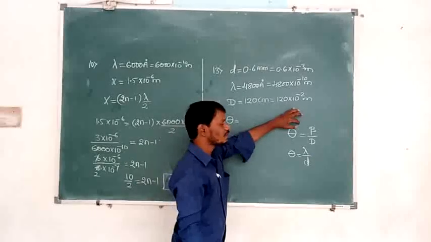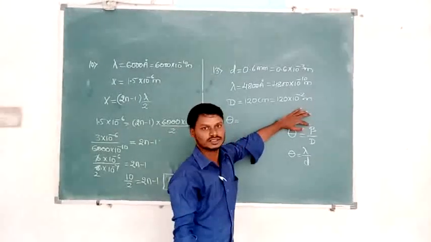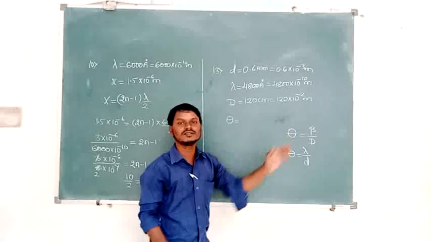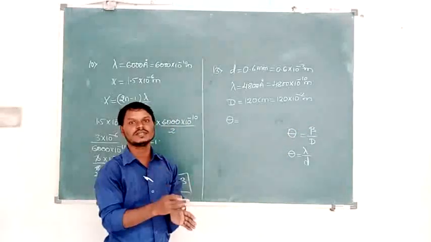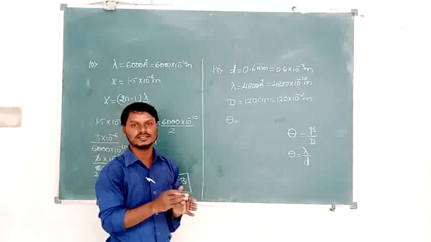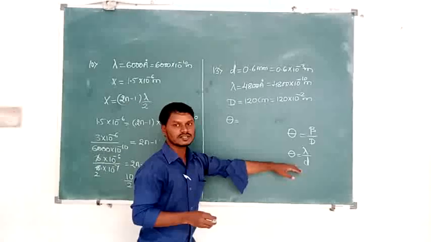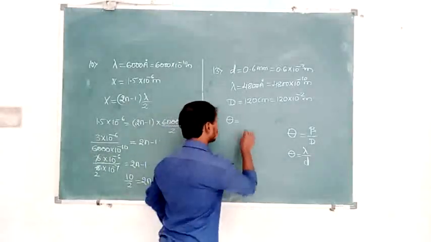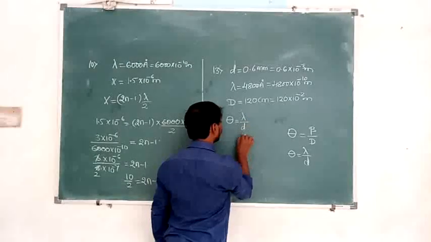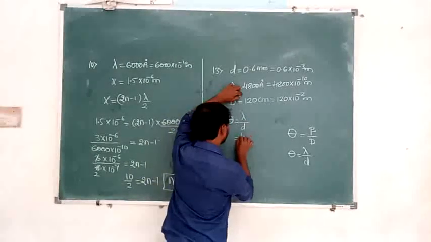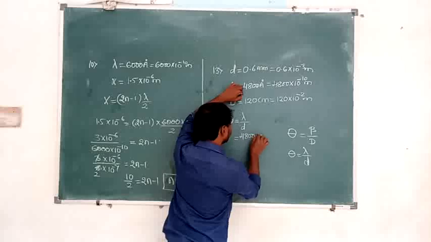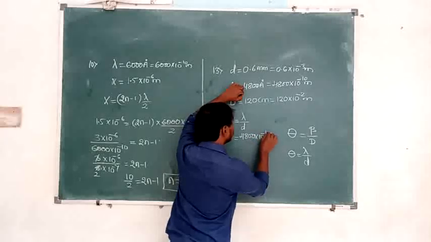But if you are going to use the first formula, you have to find beta first, which is lambda into capital D divided by small d. That is why I will use directly this formula only, that is lambda by d. Lambda is how much given? That is 4800 into 10 to the power of minus 10.